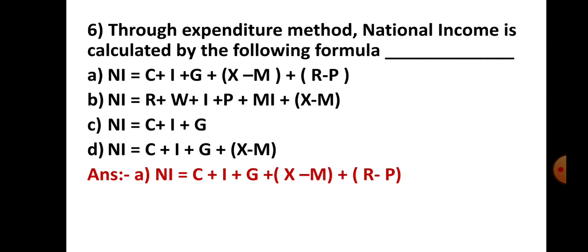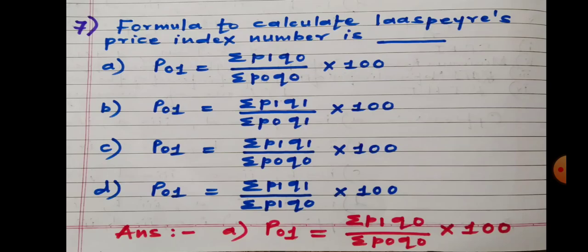So here correct answer is option number A. NI is equal to C plus I plus G plus X minus M plus in second bracket R minus P. So through the expenditure method, national income is calculated by the following formula, and here answer is option number A. Now let us see the next example.